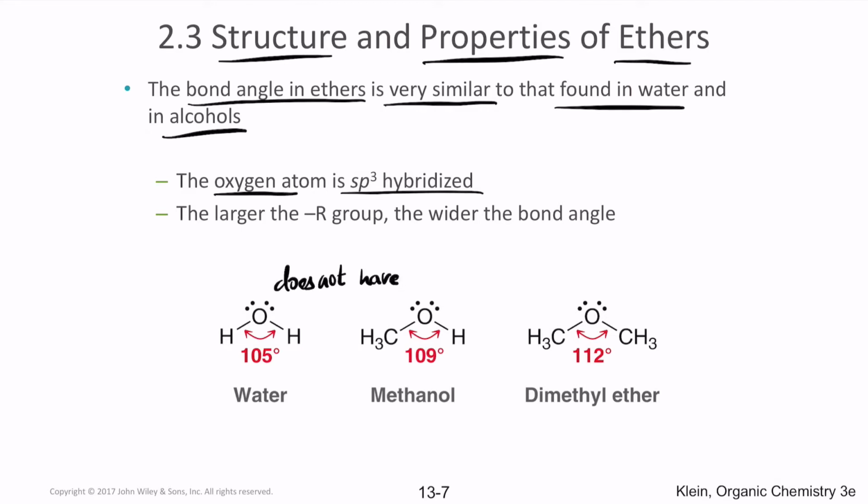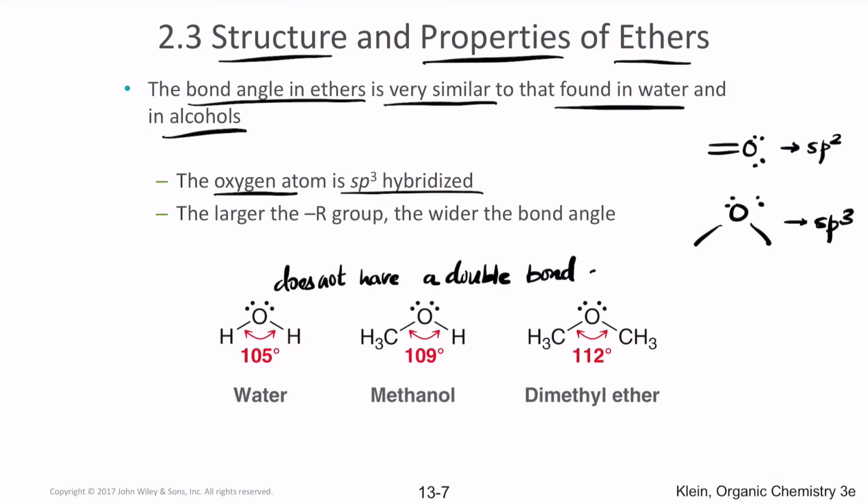If it had a double bond, then it would have been sp2 hybridized. Here the oxygen is connected to two separate groups, so this becomes sp3 hybridized.